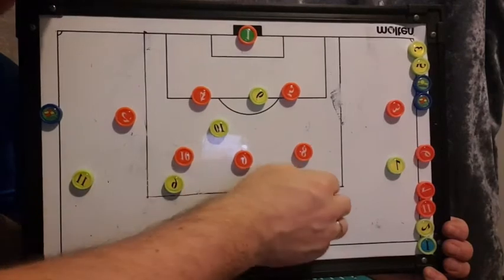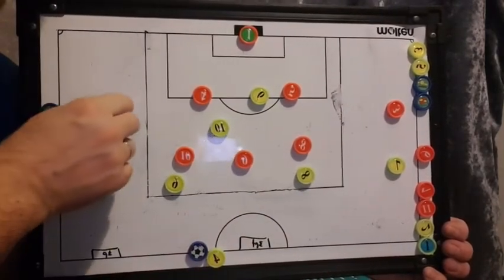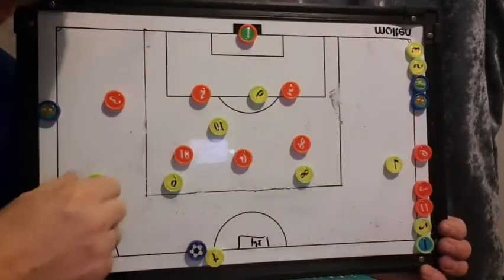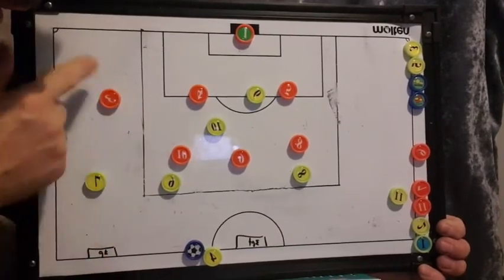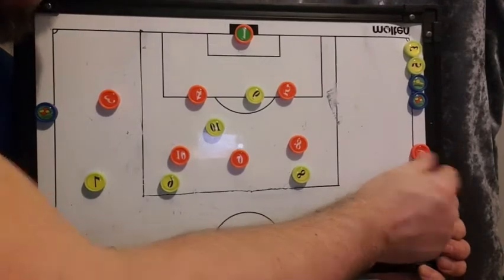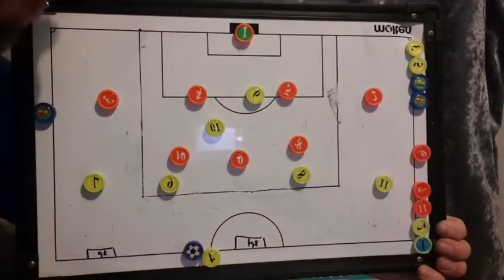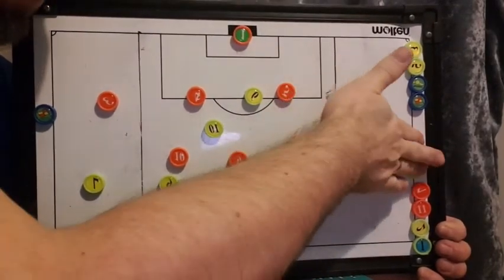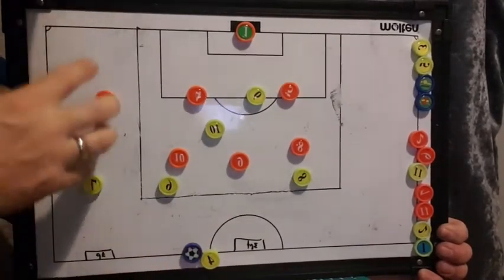If I'm working with 12 players, I might have my left back and my right winger here, but they are not allowed in this area to start with. Okay, obviously if I do have more, I might have my right back, my right winger out here. But if not, I would just get rid of this side of the pitch. This is where we play and this is the width.